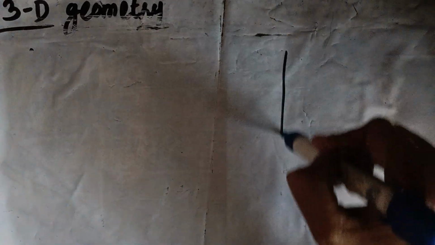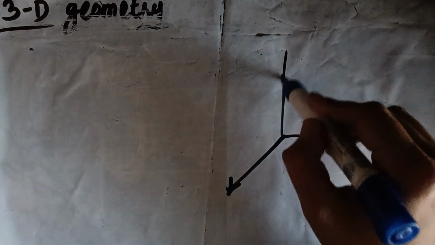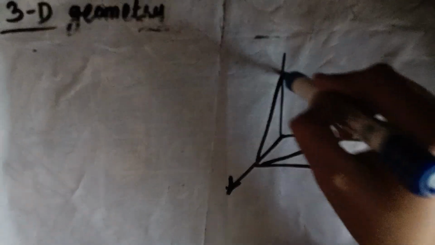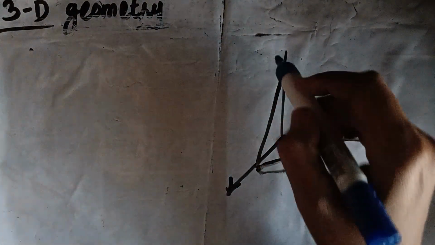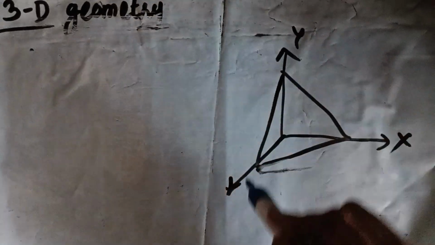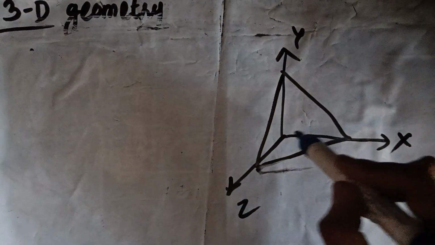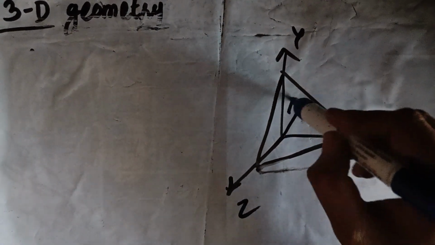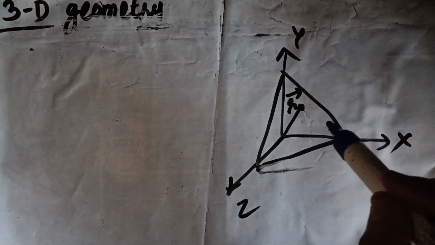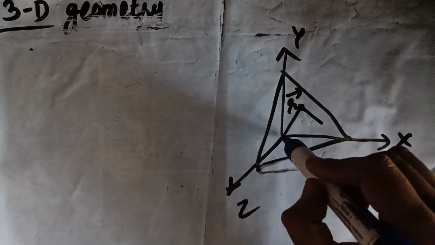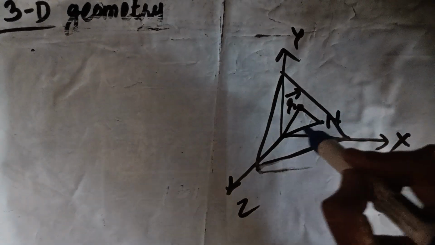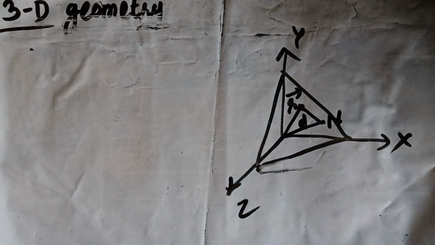Then we have a plane, the equation of a plane in normal form. Suppose you have a plane like this, with axes X, Y, Z. Then there is a vector r and a normal vector, and this is the distance.